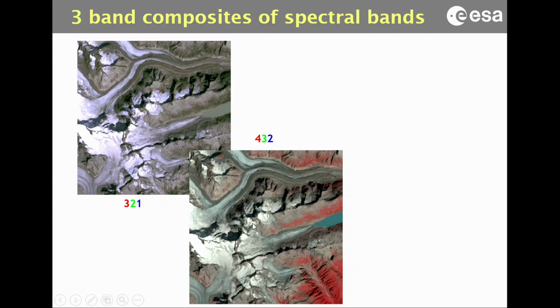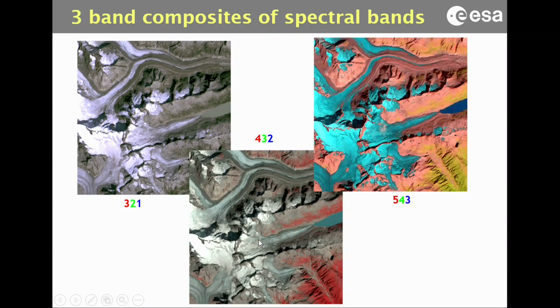This is actually a cloud shadow. The cloud is here. So this is why we use this band combination. Here the cloud is not really white, but still you can see it as a brighter, lighter spot.